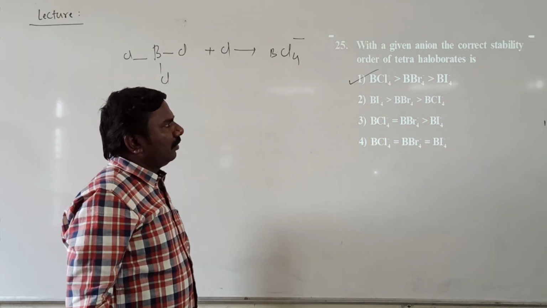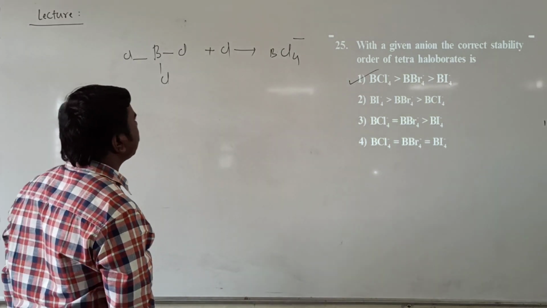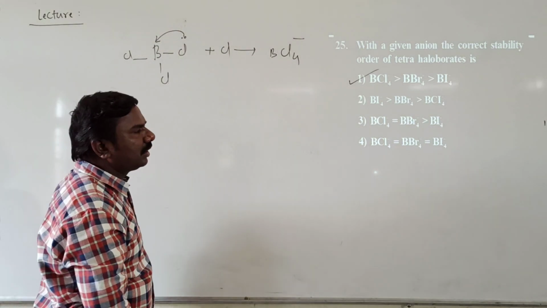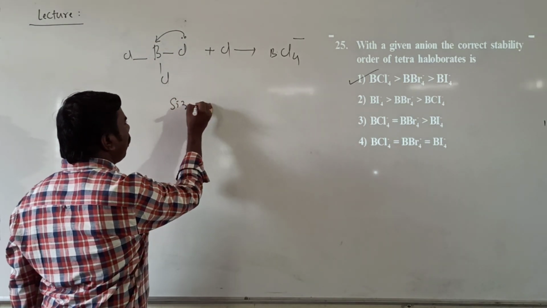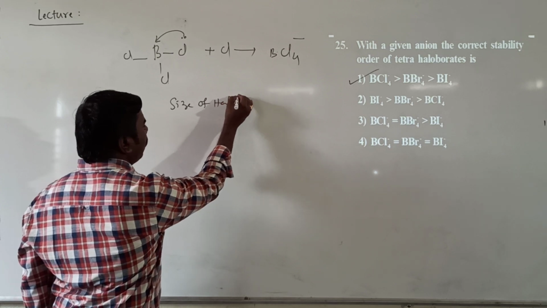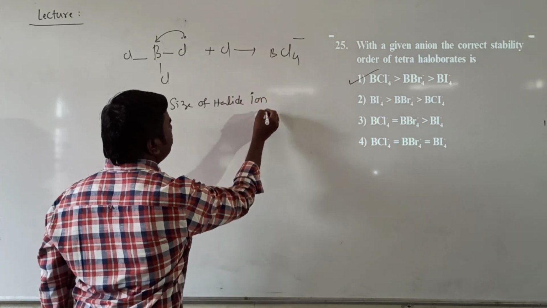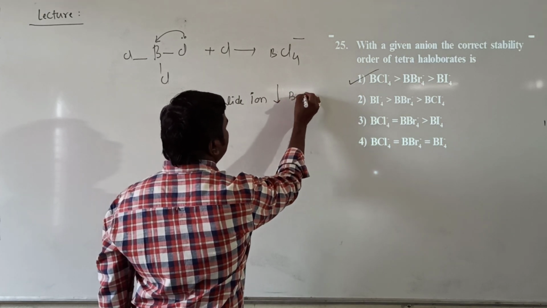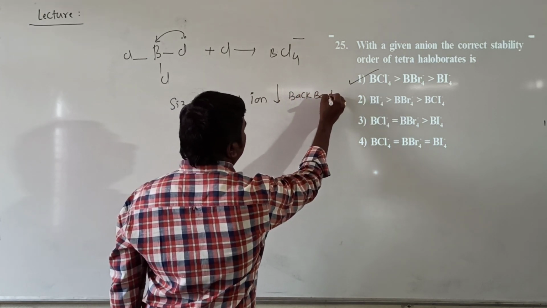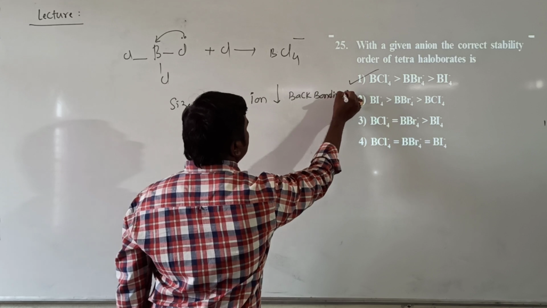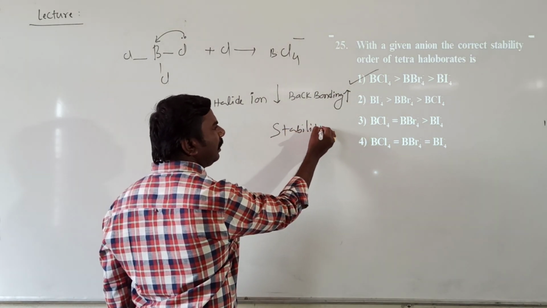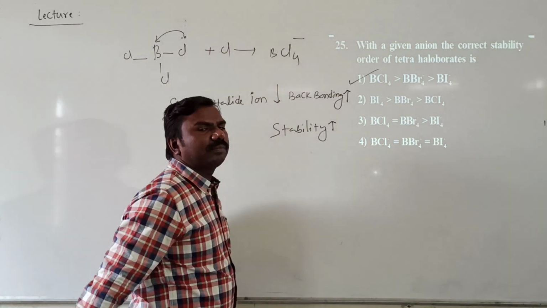Now, back bonding is possible here, as just discussed. As the size of the halide ion decreases, back bonding increases. When back bonding increases, stability increases.